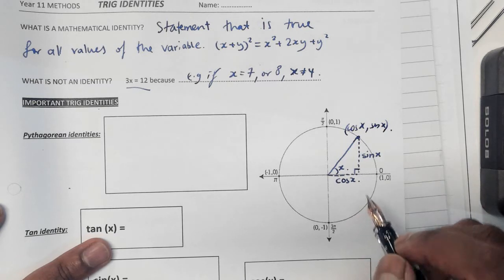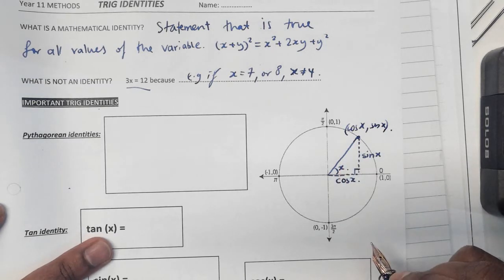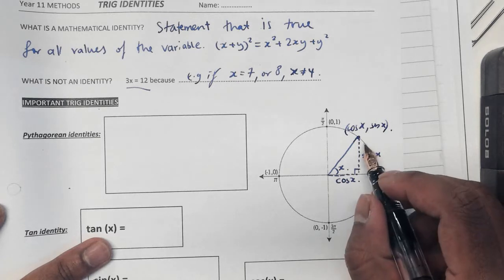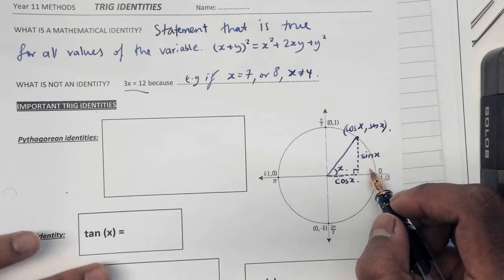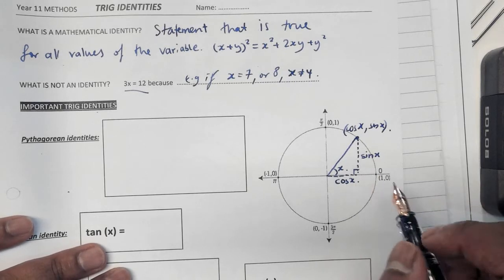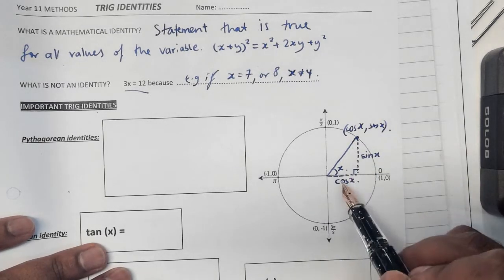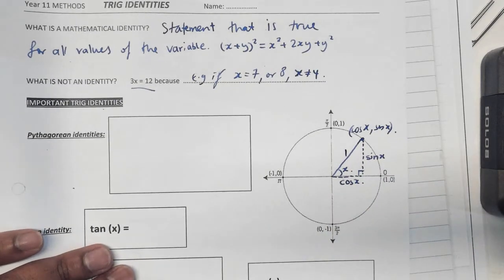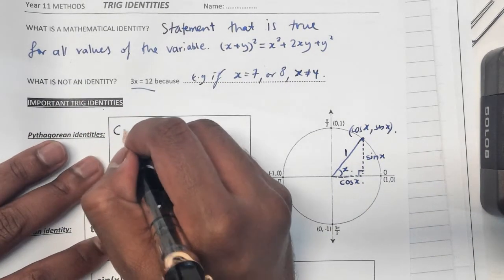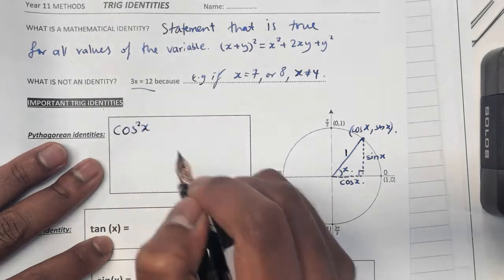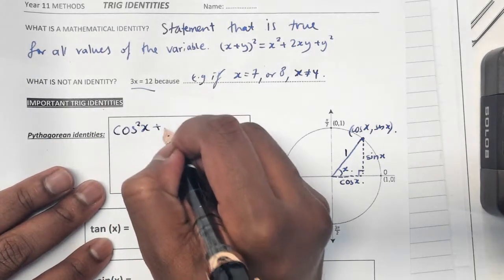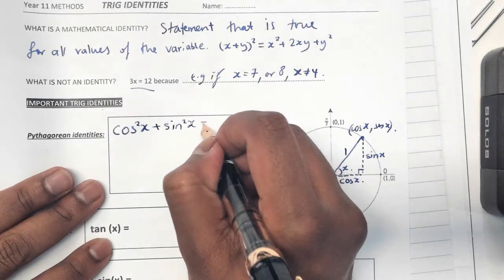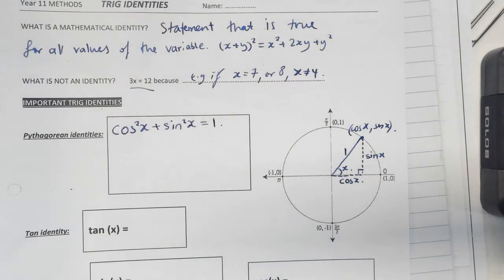So to find the magnitude, we need to square this, square that, and then use basically Pythagoras. But this is a unit circle, so we know the magnitude is 1. So we know that cosine squared x plus sine squared x equals 1.